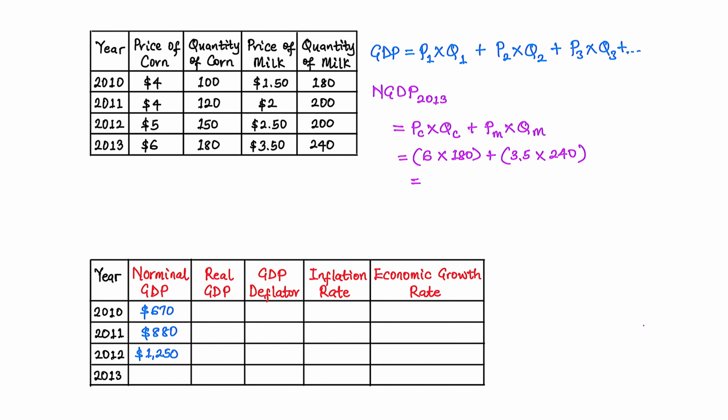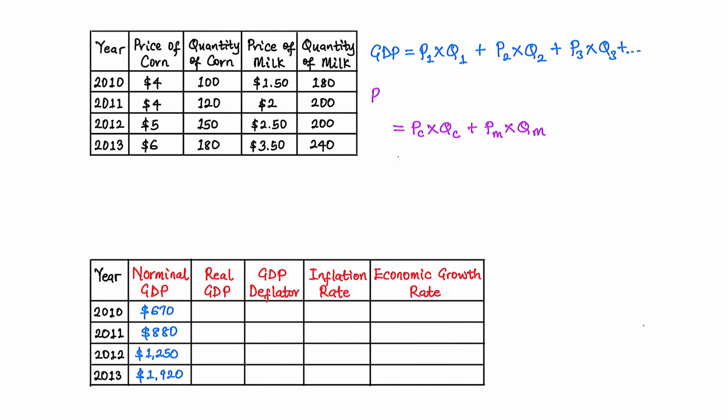So simplifying, we have 6 times 180, that's 1080, plus 3.5 times 240, that's 840. Summing them up, we have 1080 plus 840, that will give us 1920. So this means the nominal GDP in 2013 is $1,920. And this completes the calculation of the nominal GDP for each year.